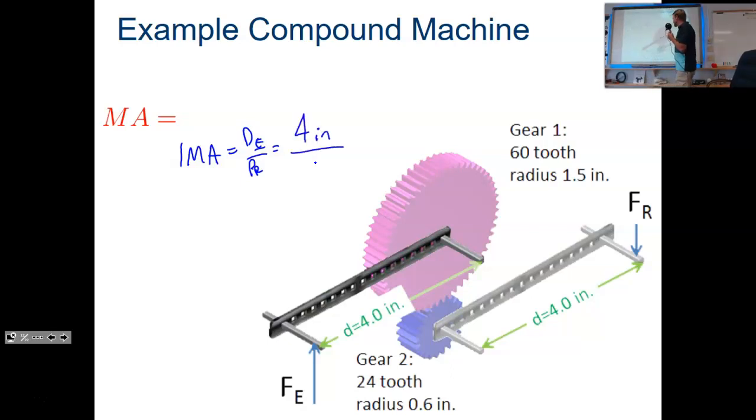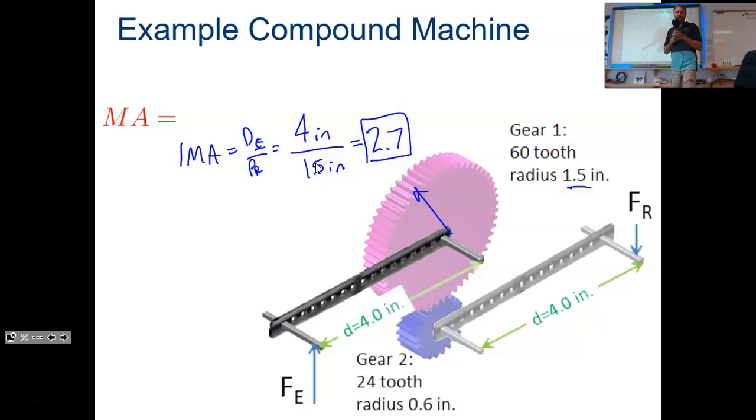The distance of my resistance is going to be this radius right here, which has a radius of 1.5. So 4 divided by 1.5 is 2 2/3, so 2.7. That's mechanical advantage number 1, the ideal mechanical advantage.